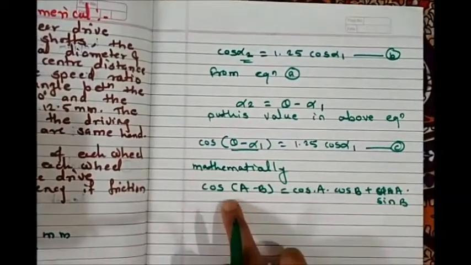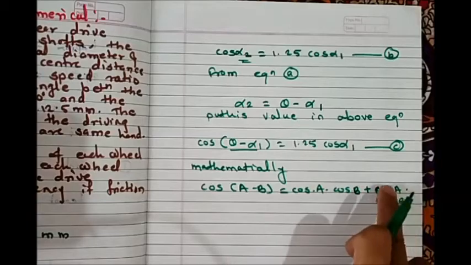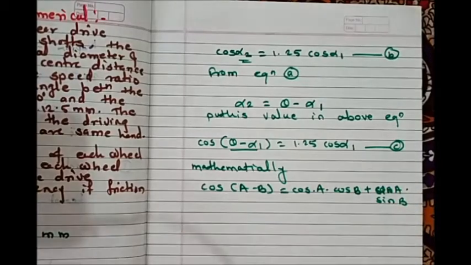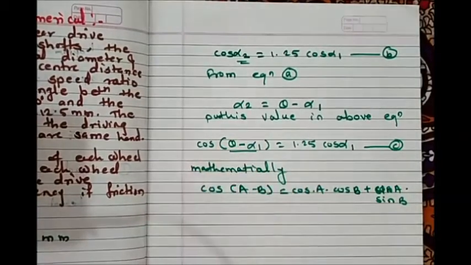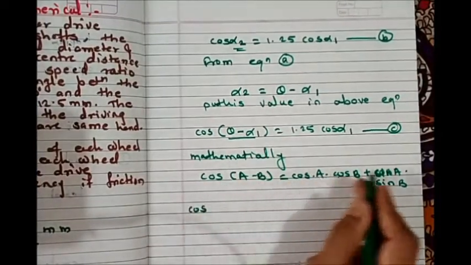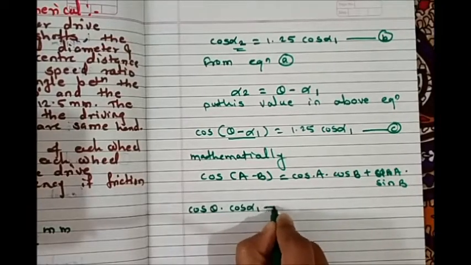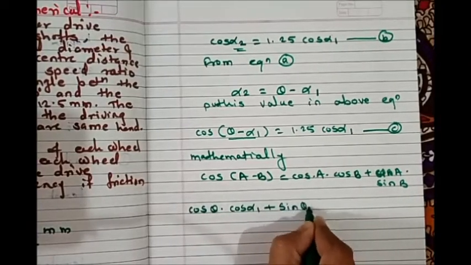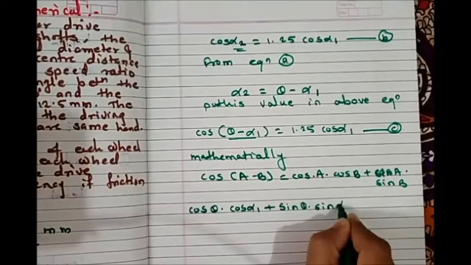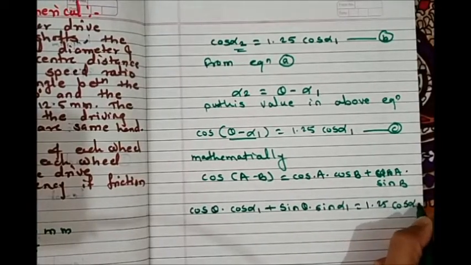Mathematically we know that cos of A minus B is equal to cos A into cos B plus sin A into sin B. So let's use this formula in the above equation. So we get cos theta into cos of alpha 1 plus sin theta into sin of alpha 1 is equal to 1.25 cos of alpha 1.